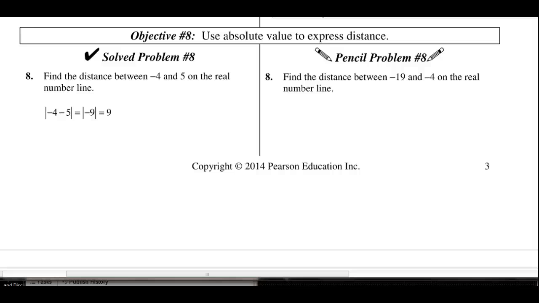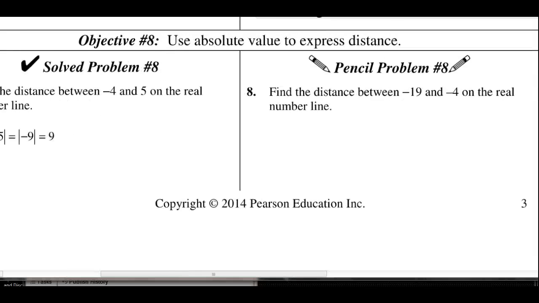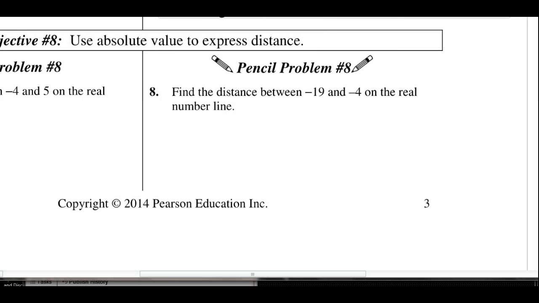Okay, so let me make this a little bit bigger. Our pencil problem tells us to find the distance between negative 19 and negative 4 on the real number line. So you can think of this pictorially, or you could actually go ahead and use the absolute value to figure it out.